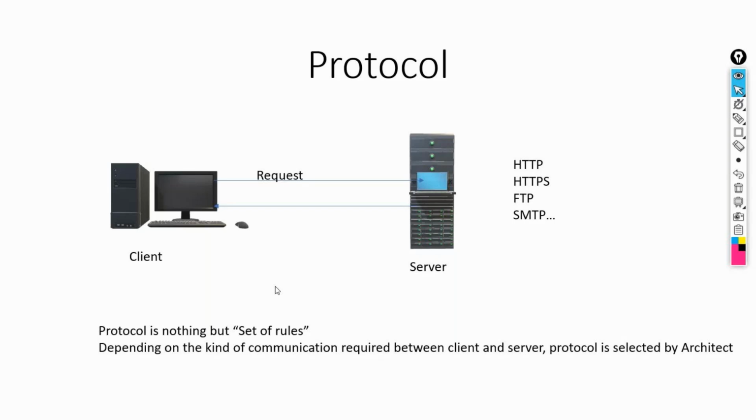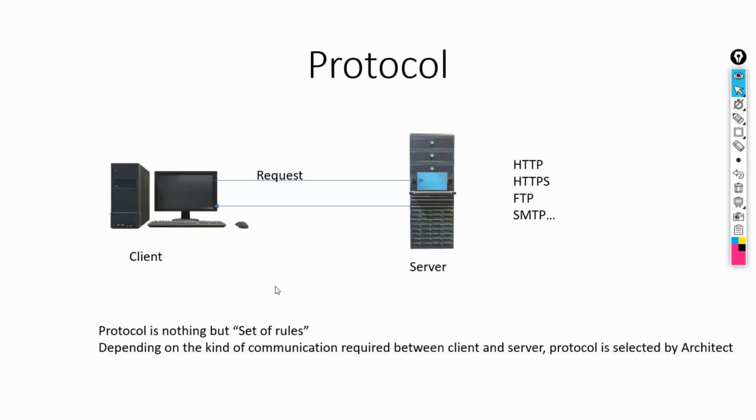If the communication between client and server is all about exchanging or transferring files from one machine to another machine, then we can use file transfer protocol. If the communication is all about exchanging emails, then they might use SMTP, Simple Mail Transfer Protocol. Like that, you have so many protocols. Depending on what kind of communication you are making, you can choose the protocol.